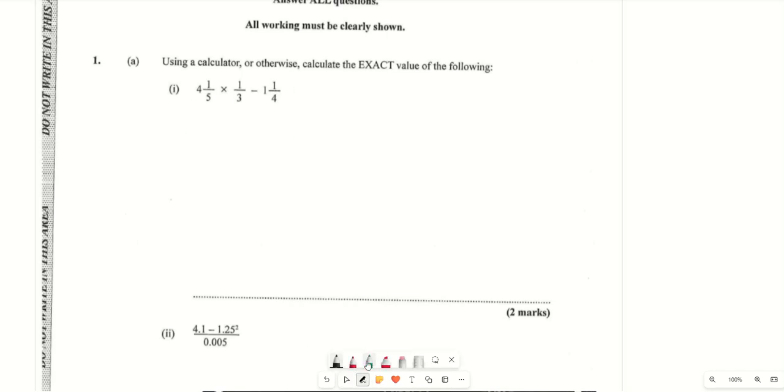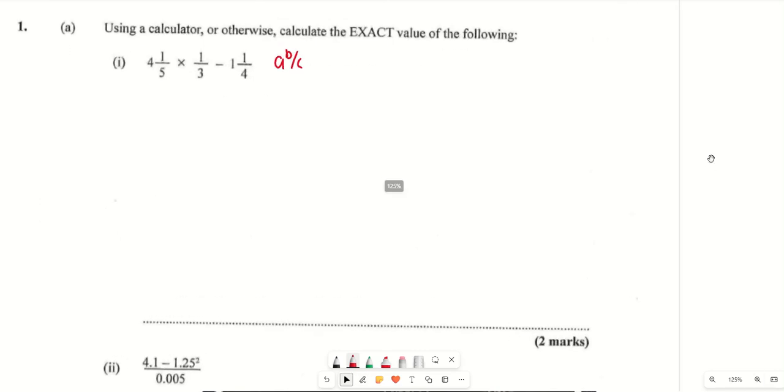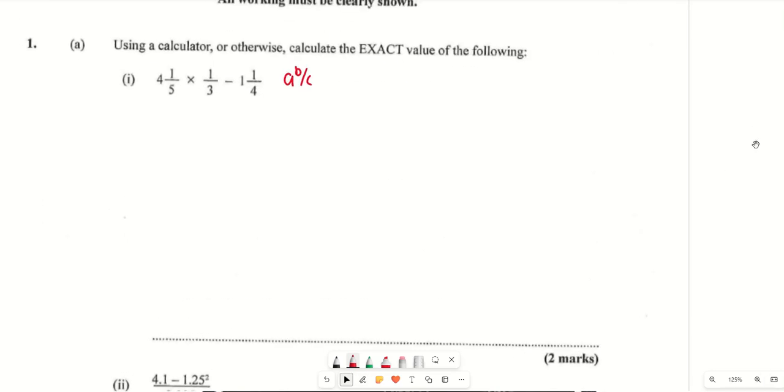Right, I'll show you how to use a calculator. In your calculator, there's the A, B, over C button. That is your over button. So what you're going to put in your calculator is 4 ABC, which is your over, 1 over 5, multiplied by 1 over 3, minus 1 over 1 over 4.